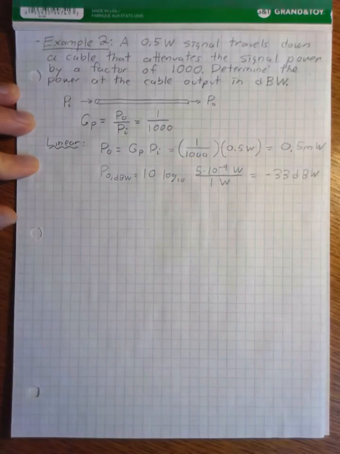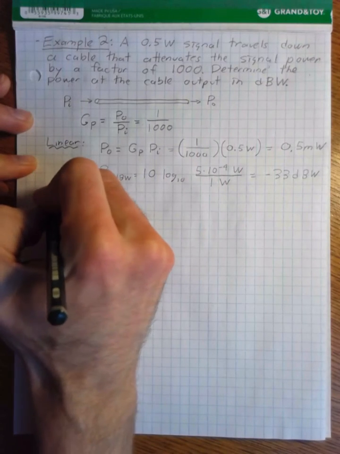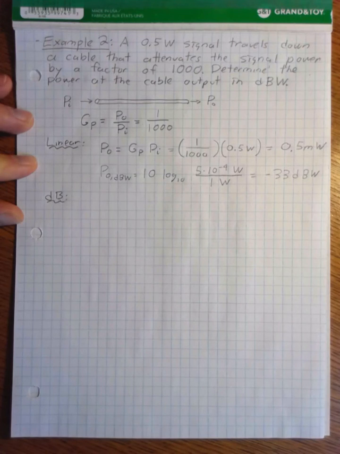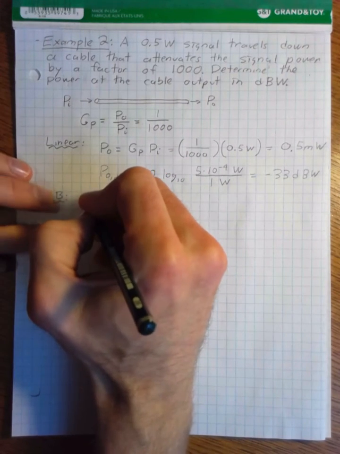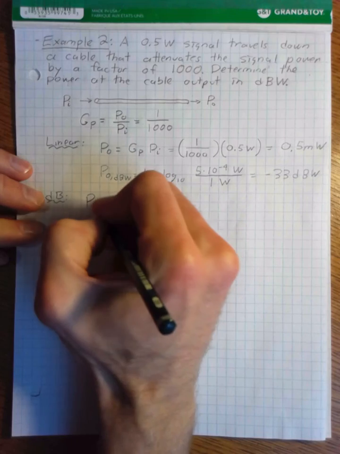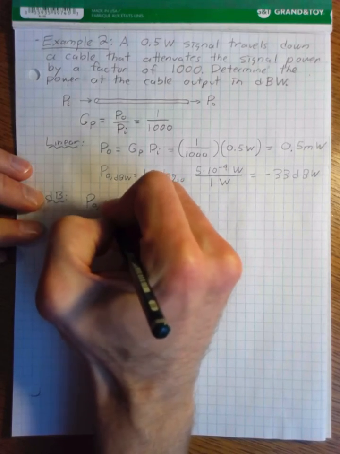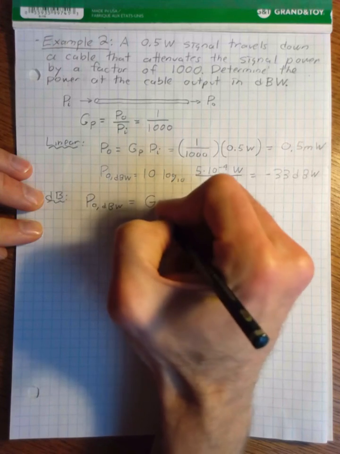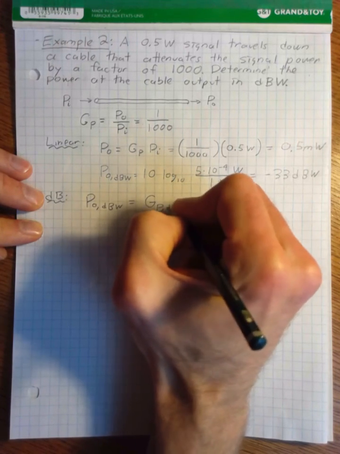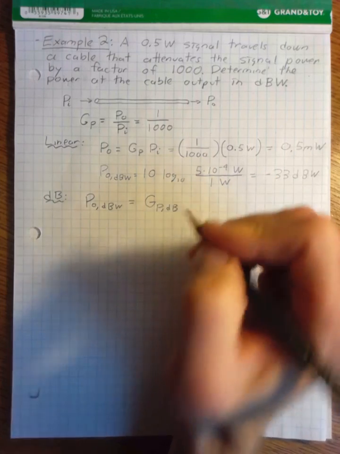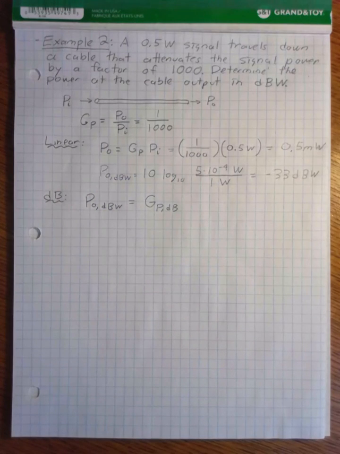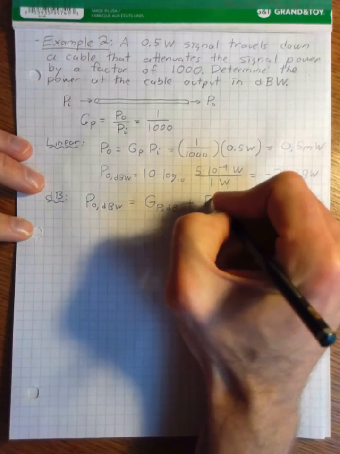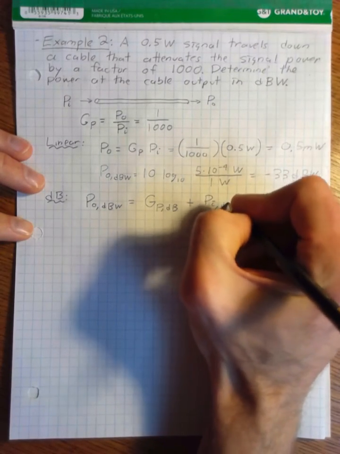Okay, so now let's do the same calculation using decibels. Based on the previous example, we know that the output power in dBW is equal to our power gain in dB plus our input power in dBW.